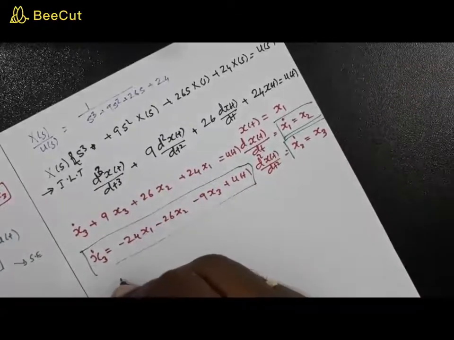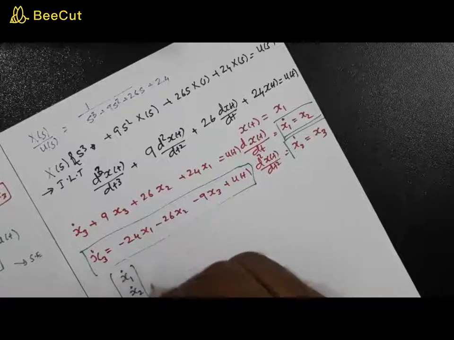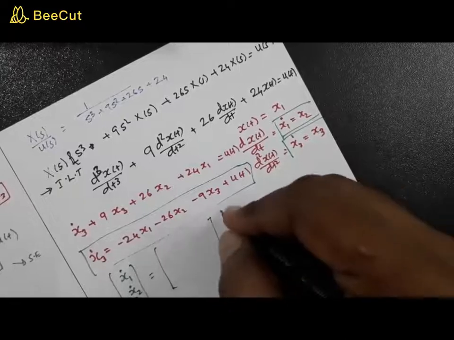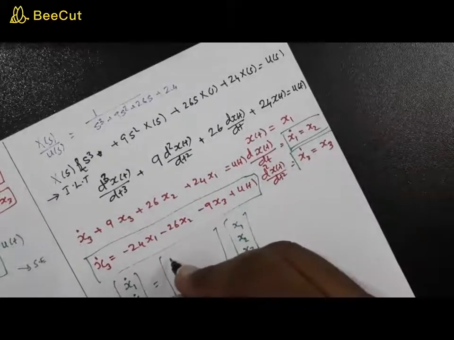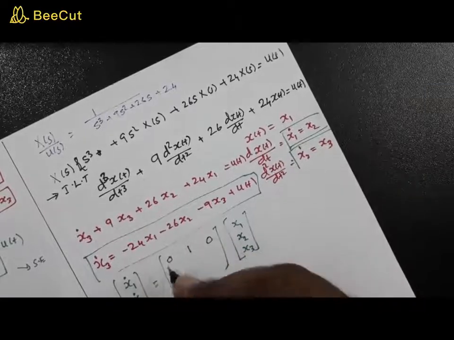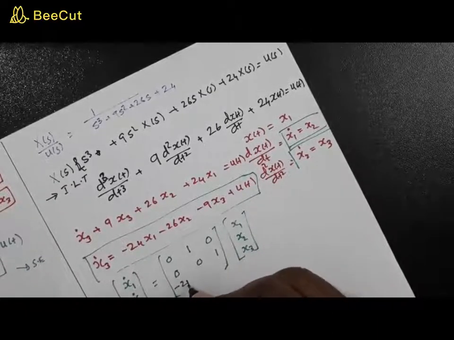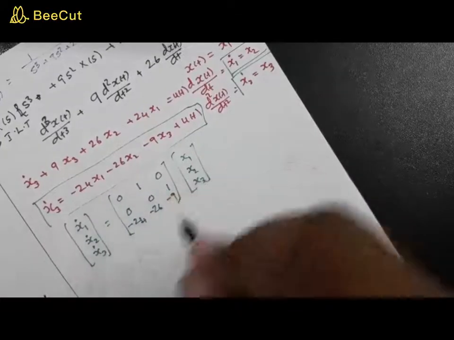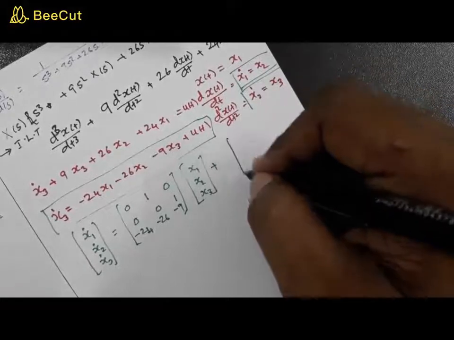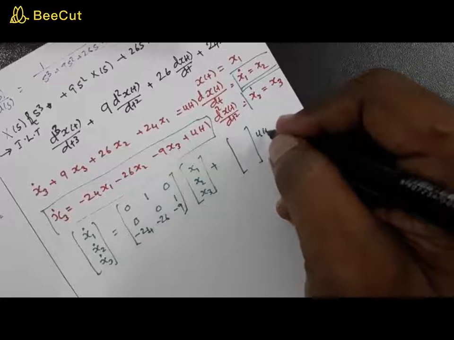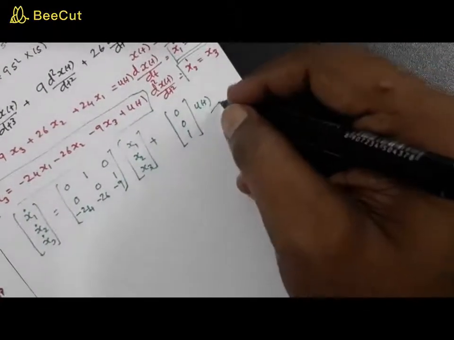Now converting this into matrix form, x1 dot, x2 dot and x3 dot is equal to, with x1, x2 and x3: x1 dot is 0 1 0, x2 dot is 0 0 1, and x3 dot is minus 24, minus 26 and minus 9, plus u(t) times a column where the first two entries are 0, and finally 1. So this is your state equation.